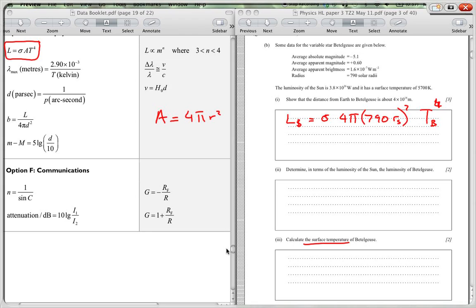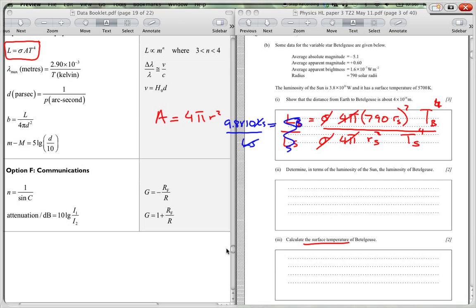Now, I can put that over the luminosity of the sun, and that's also sigma 4 pi Rs squared, and the temperature of the sun to the power of 4. Obviously these cancel. The luminosity of Betelgeuse, as we've already worked out, is 9.8 times 10 to the 4 the luminosity of the sun. So when I divide that, that cancels with that.